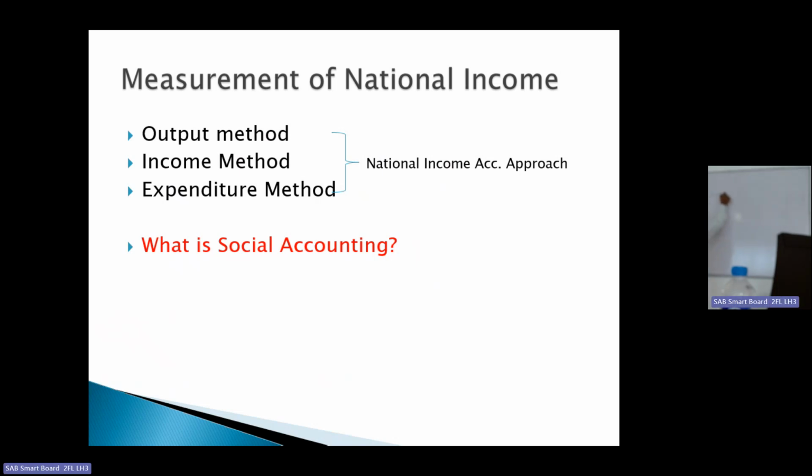So if there are X number of goods, we value all the goods and services produced. This explains all the production, how much comes from the agriculture sector, the manufacturing sector, and the service sector. So we look at the contribution coming from agriculture, manufacturing, and services. That is how you value the goods or national income according to the output method.